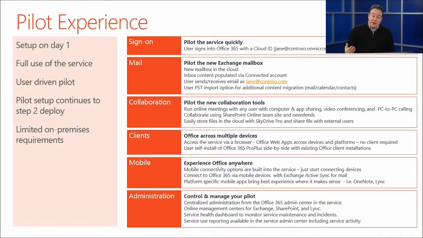We also, from a mail experience, have some specific features within Exchange and within Office 365 that allow you, as an IT pro, to enable connected accounts. And what that means is you haven't made any domain changes, you haven't made any infrastructure changes, but what we can enable is POP3 or IMAP from an Exchange server all the way back to 2003, and your end users utilizing Outlook Web Access on Office 365 have their inbox.